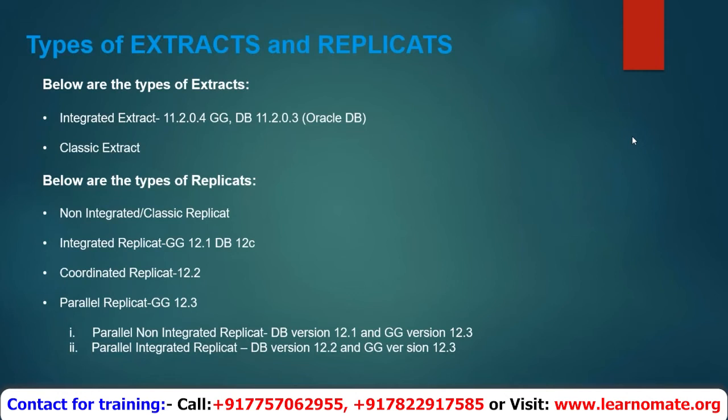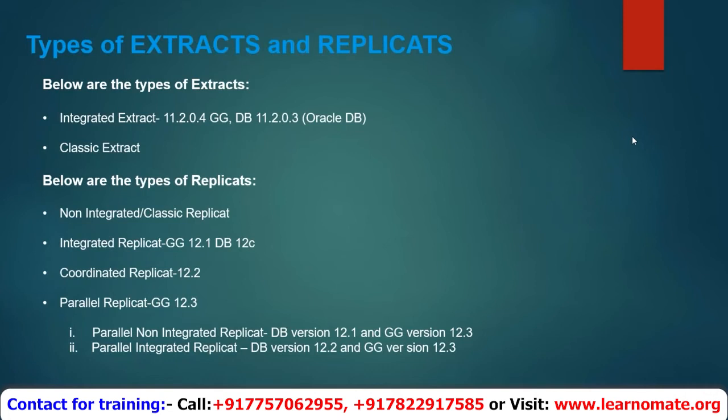Different types of replicates are non-integrated or classic replicate, integrated replicate, coordinated replicate, and parallel replicate. Non-integrated replicate or classic replicate is the one which is available since the beginning of Oracle GoldenGate.